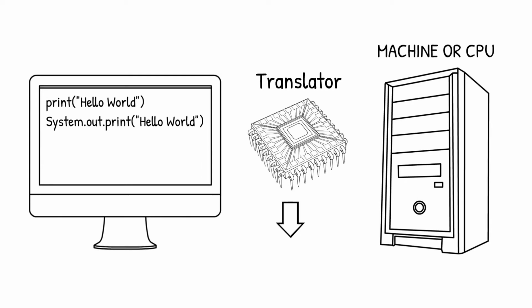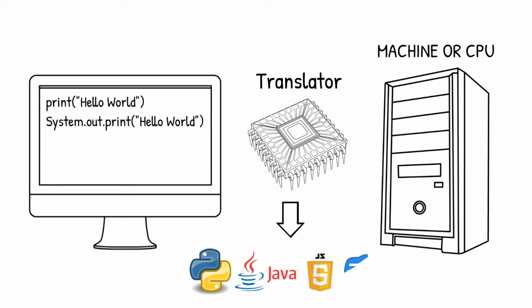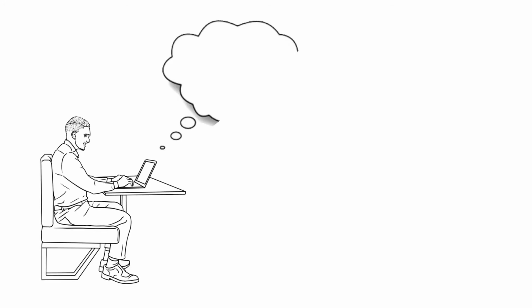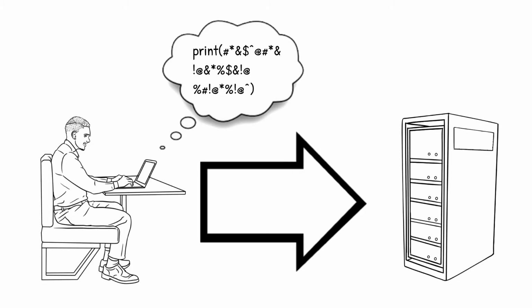You can visualize all the programming languages you have heard of, like Python, Java, JavaScript, PHP etc., as these translators. Now just because we have all these programming languages or translators, does not mean that we can say anything and make our machine go crazy.